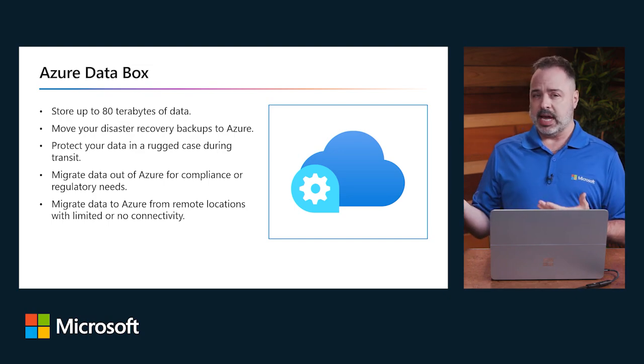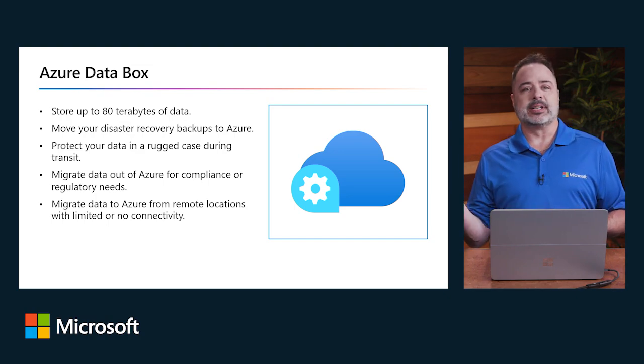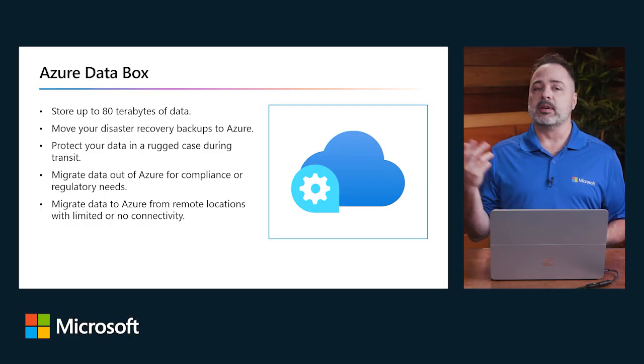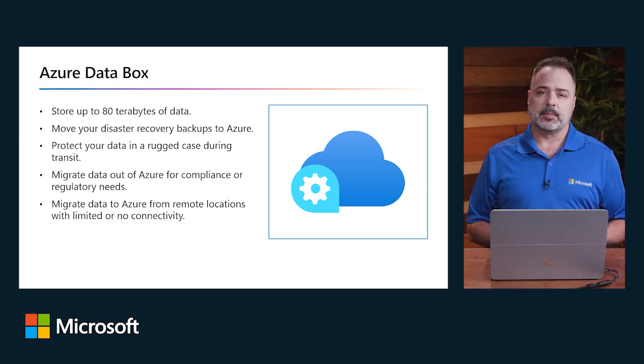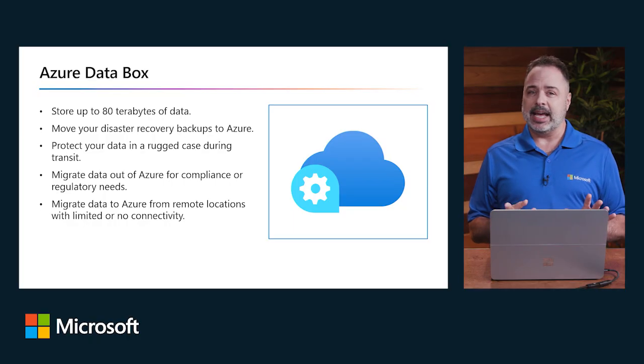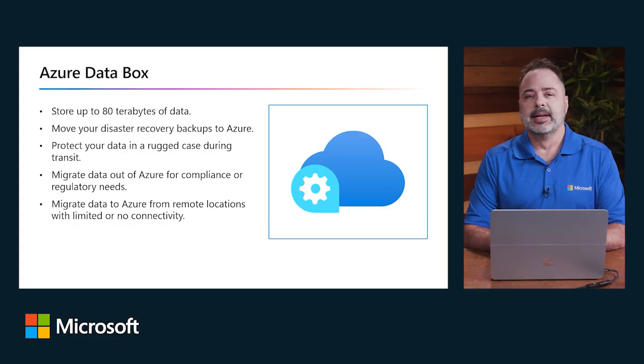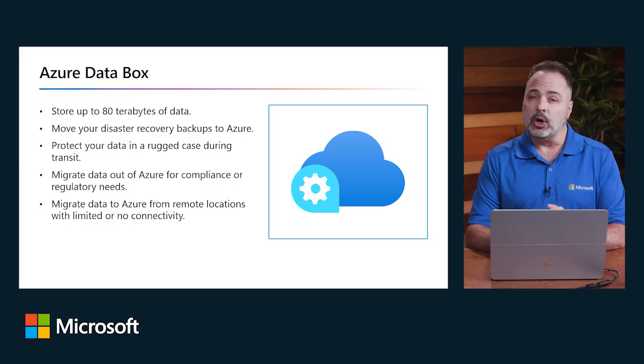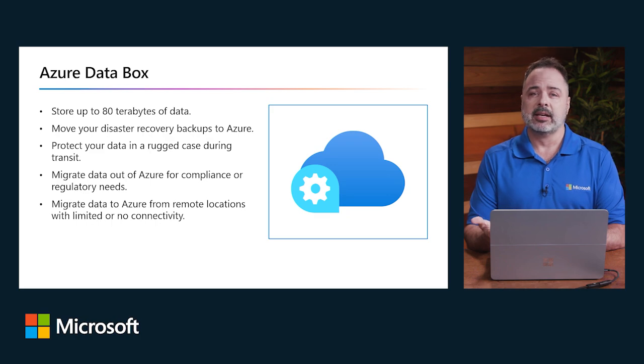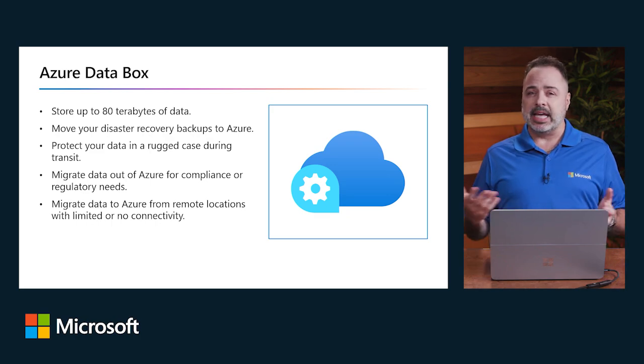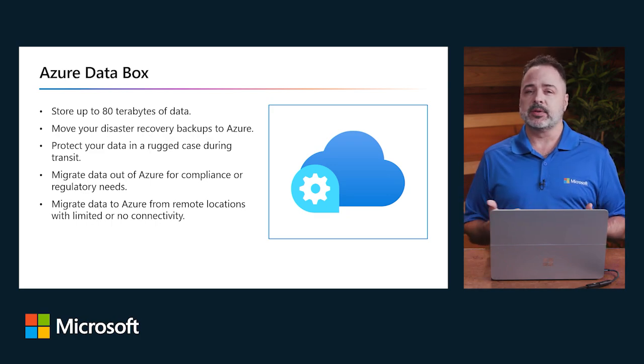If importing to Azure, in the Azure data center, your data is automatically uploaded from the device to Azure into one of your storage accounts. The entire process is tracked end-to-end by the Data Box service in the Azure portal. Data Box is ideally suited to transfer data sizes larger than 40 terabytes in scenarios with no to limited network connectivity. The data movement can be one-time, periodic, or an initial bulk data transfer followed by periodic transfers.